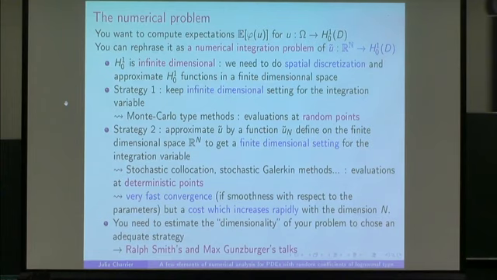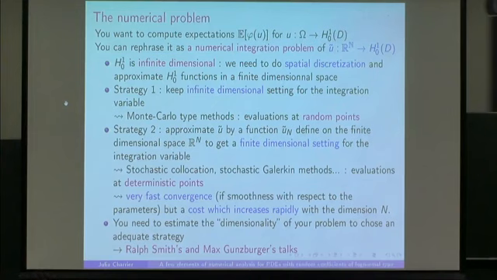And the second one is to approximate the function as a function of a finite number of variables, and then to use more deterministic methods such as collocation or stochastic Galerkin, whereas in the Monte Carlo case you are going to compute this at random points.